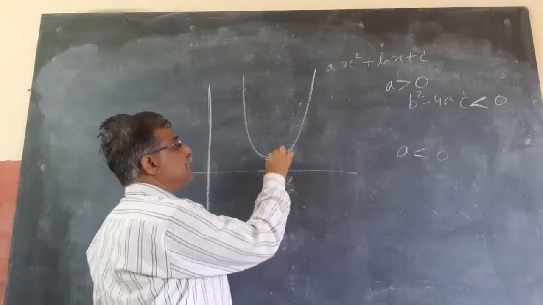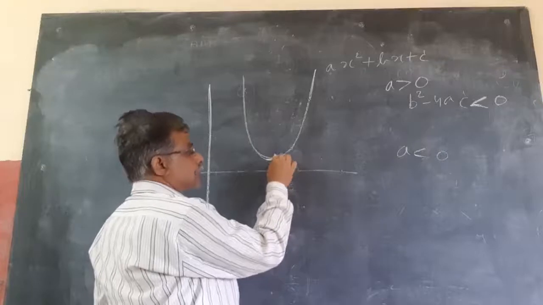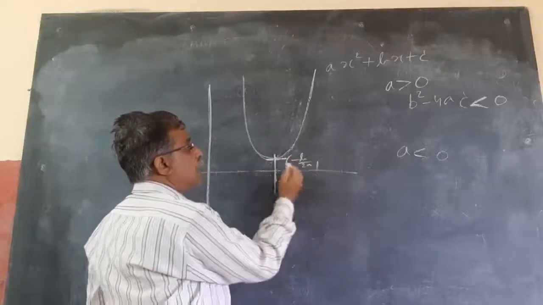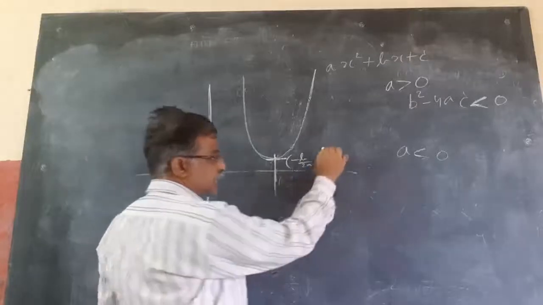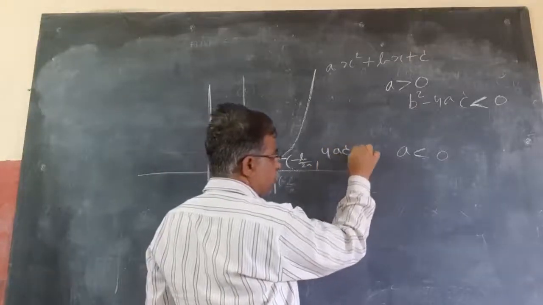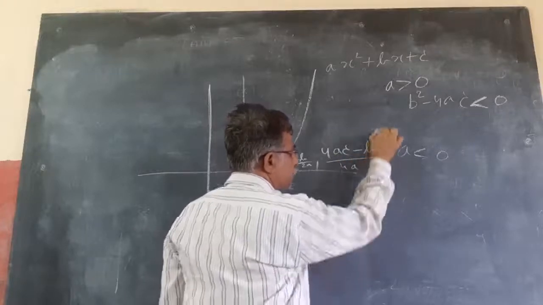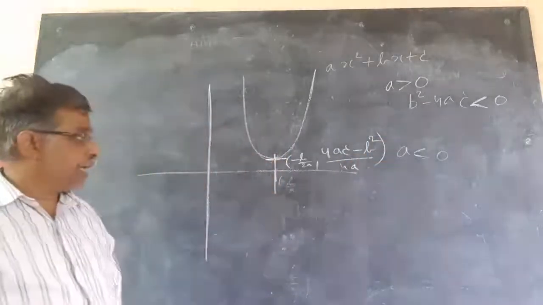So this point is minus b by 2a, comma, and the minimum value we already discussed in the last class, that is 4ac minus b square by 4a.